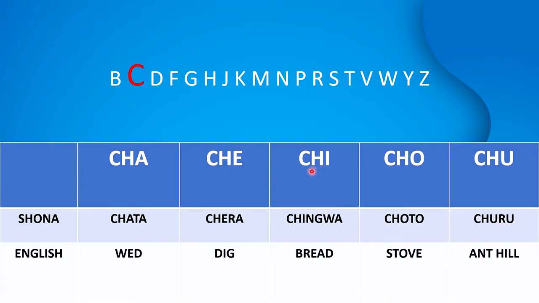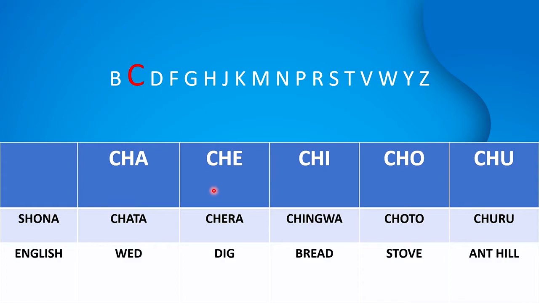If you add the letter O to CH, it's cho. And if you add U to CH, it's chu. Okay, so it's cha, che, chi, cho, chu.